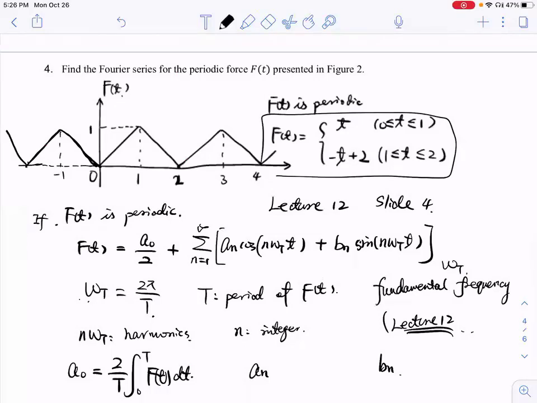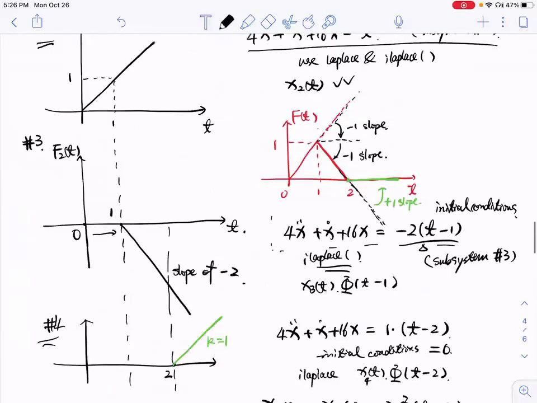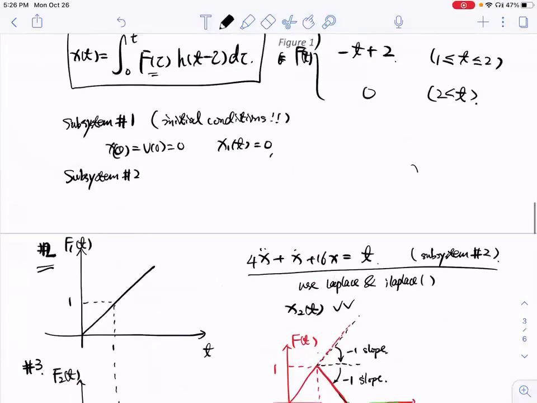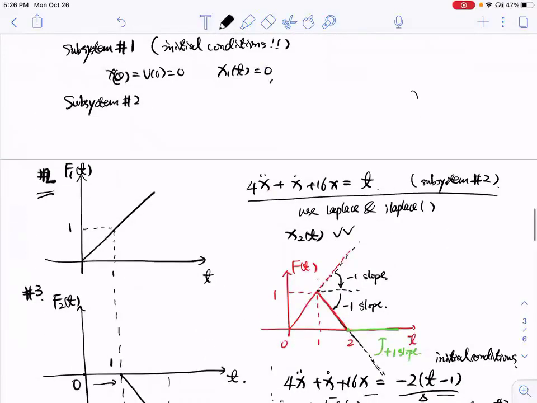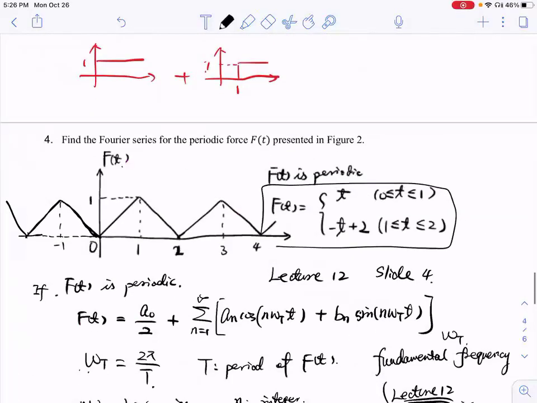Because as a periodic signal, it starts from negative infinite time to positive infinite time. But if you look at this one, it only exists after time equal to 0. That's why you can cut it into small subsystems. But assuming that you have a lot of things going on in the negative time domain, then there's no way you can write it as a few subsystems. It's actually an infinite number of subsystems. Make sense?